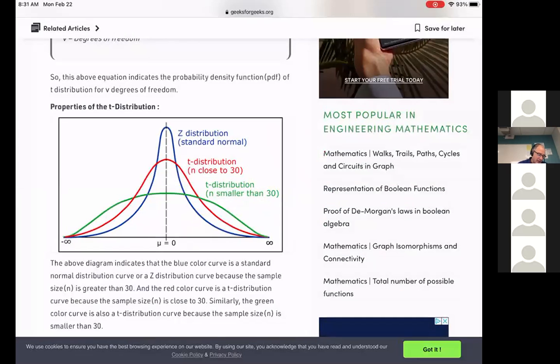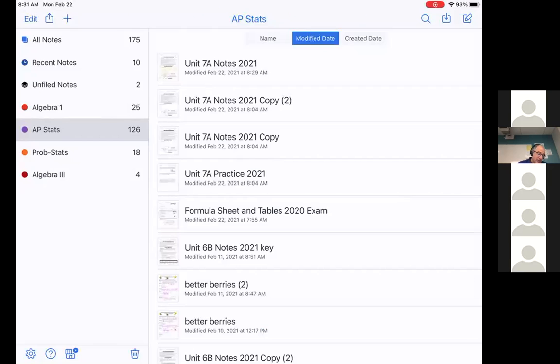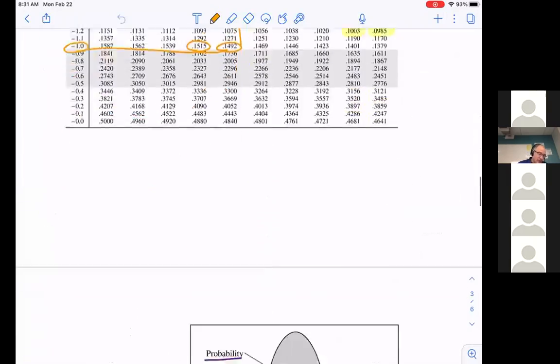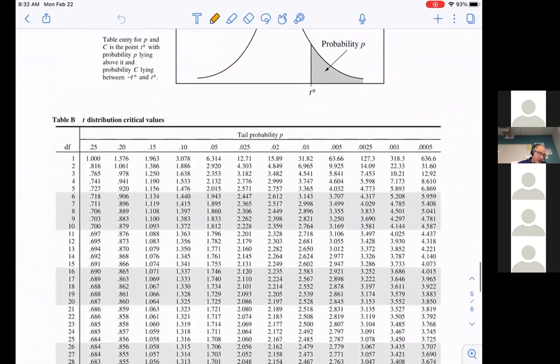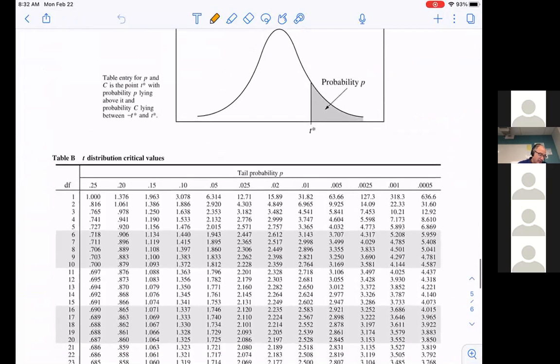So if I go back to Notability and to my formula sheet, we have a Z table, which is table A, but if we also scroll out here, we have table B, which is a T distribution. And what happens is we have what's called degrees of freedom.